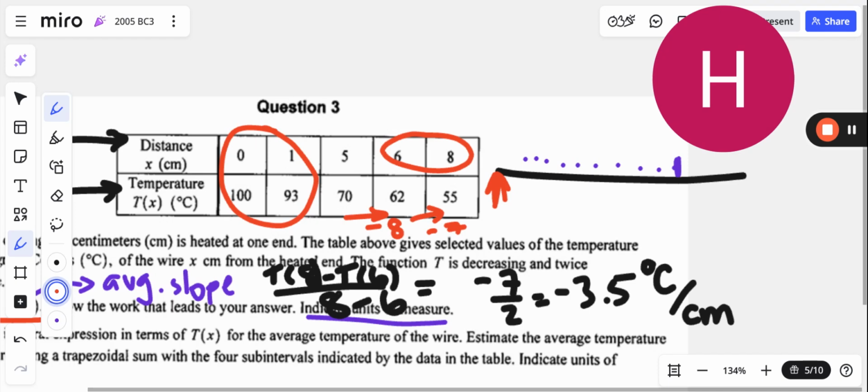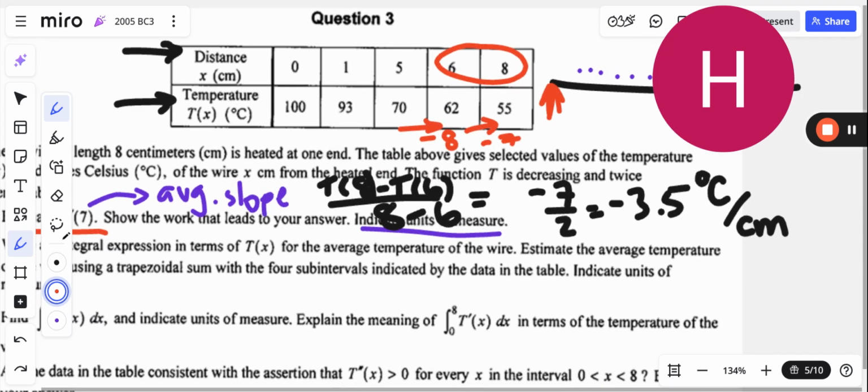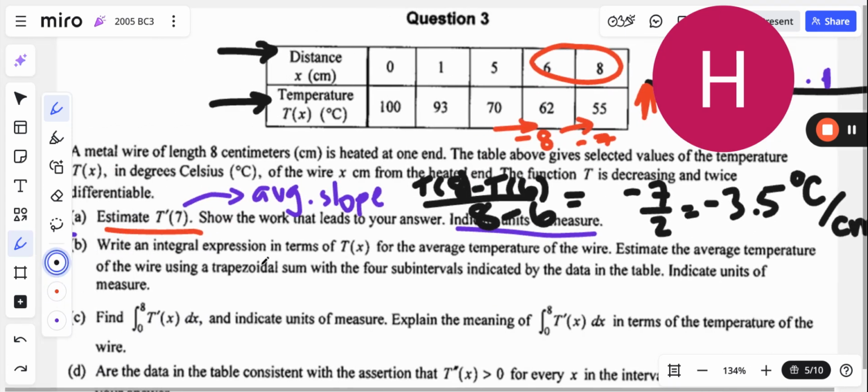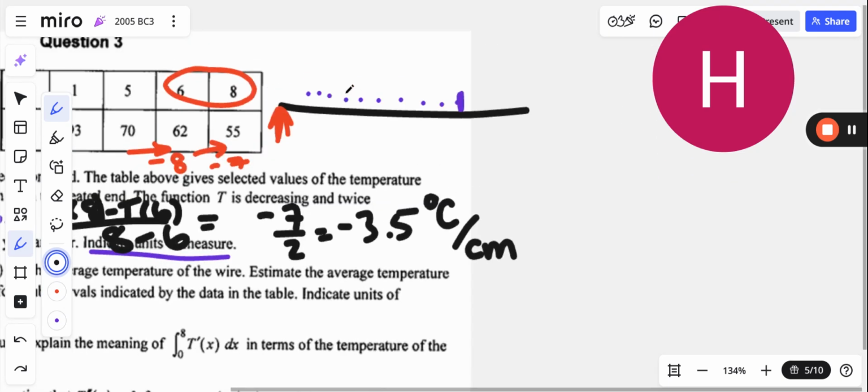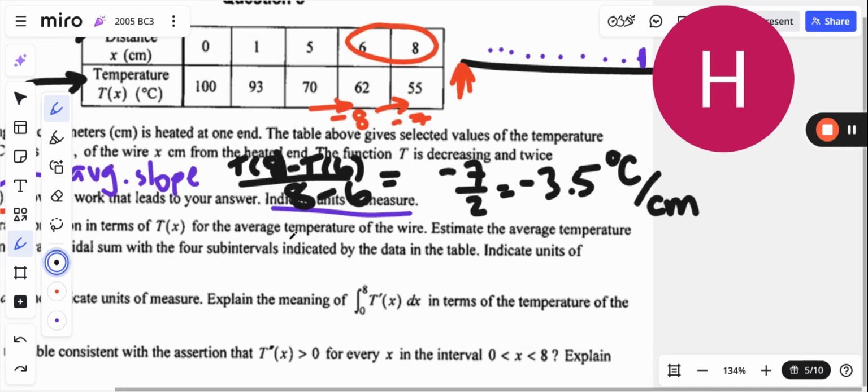Who knows, though? Kind of interesting, because from 0 to 1, it's a 7 degree Celsius temperature drop in 1 centimeter. So maybe my rambling thoughts are not spot on about that. Okay, in any event, that is what the derivative represents. As you're moving along the wire away from the heated end, the temperature is changing about 3.5 degrees per centimeter.